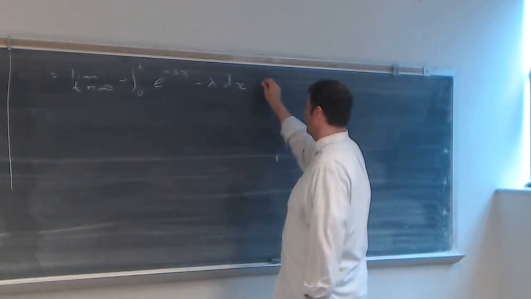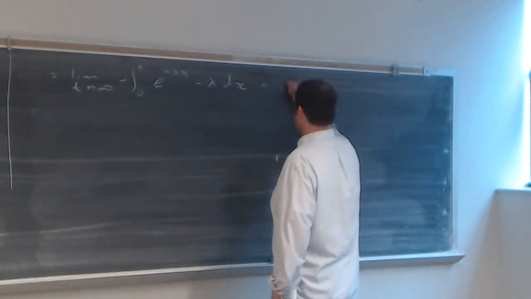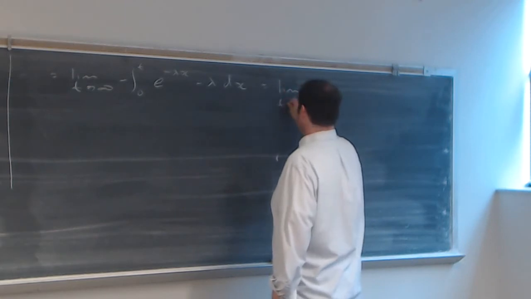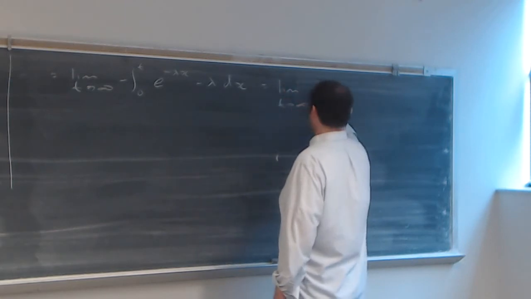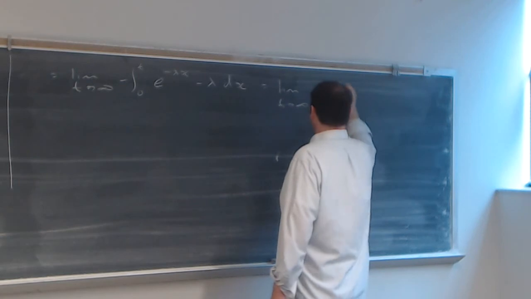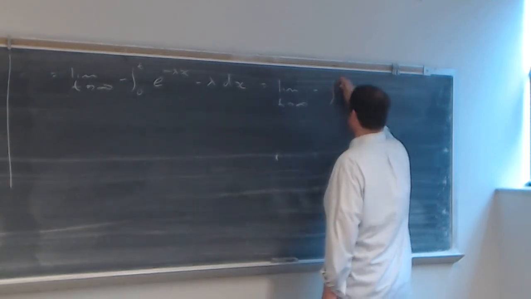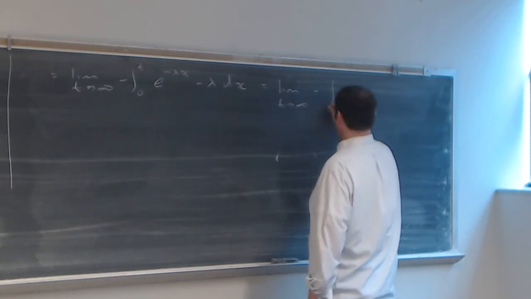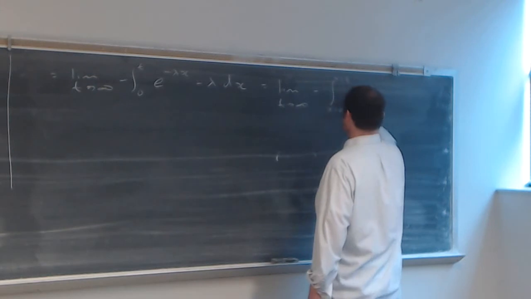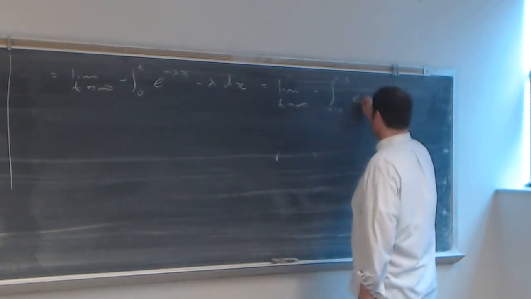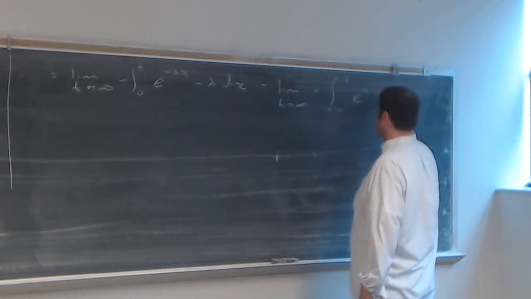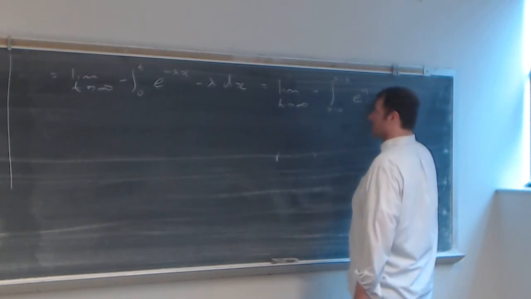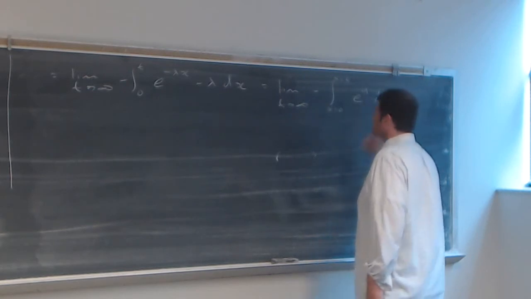This is the limit as t goes to infinity of minus the integral, with x going from 0 to t, of e to the u du. That's an antiderivative that's easy to get.